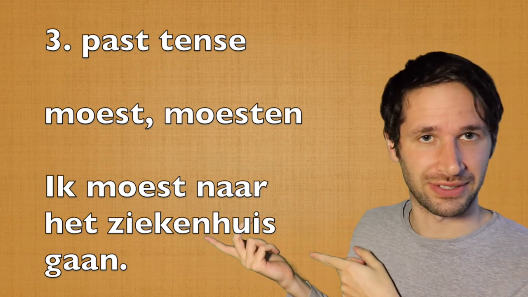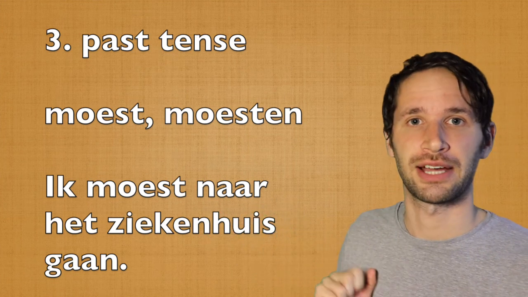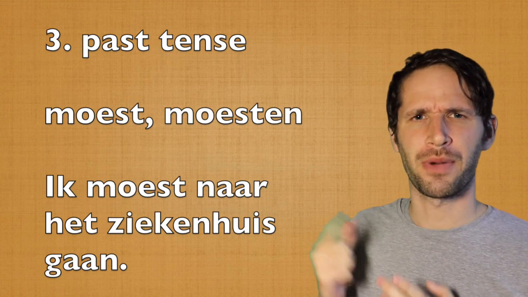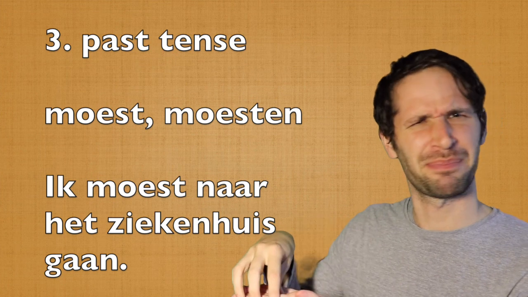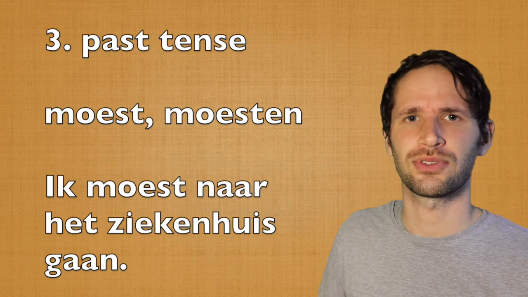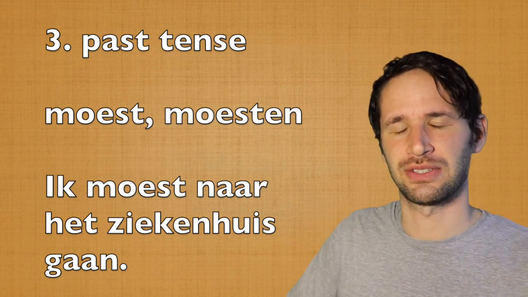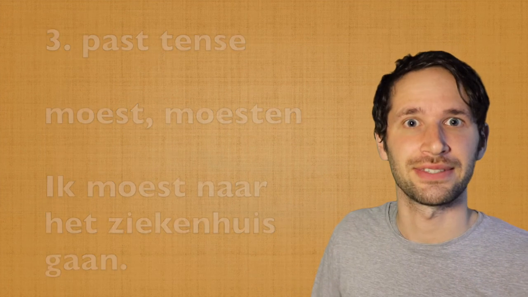So you would translate it as ik moest naar het ziekenhuis gaan. And why is it a bit confusing? Because you think, well, moest, so must is in the present tense, but moest is in the past tense with the S. And some students have difficulties putting that there, just to use the past tense.